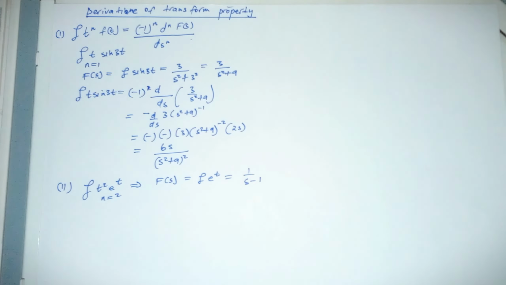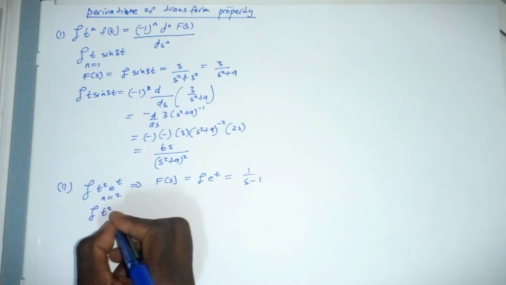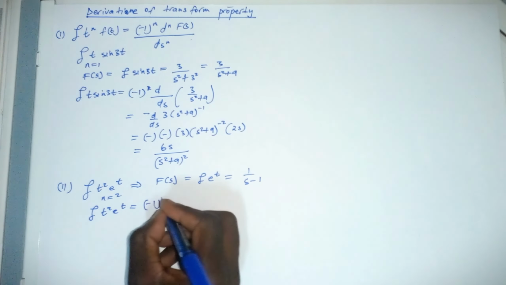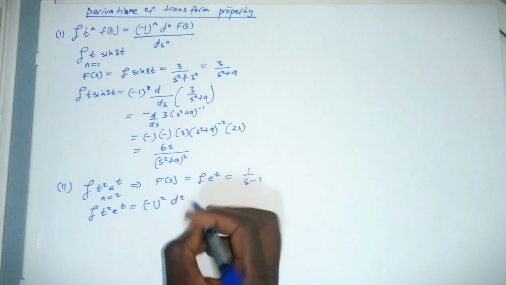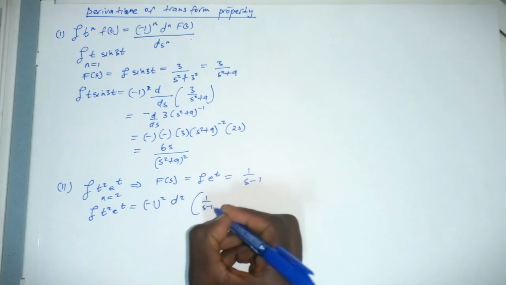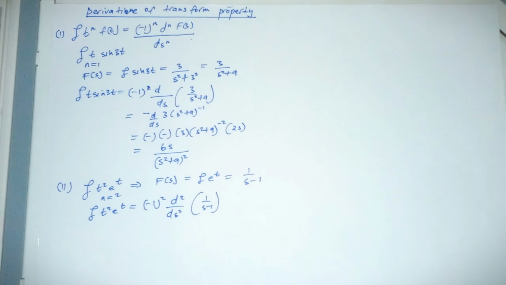Okay, so now the Laplace transform of t squared e to the power t is going to be negative 1 to the power 2 times d squared of F(s), which is 1 over s minus 1, over ds squared. So that means we're going to differentiate this function twice.